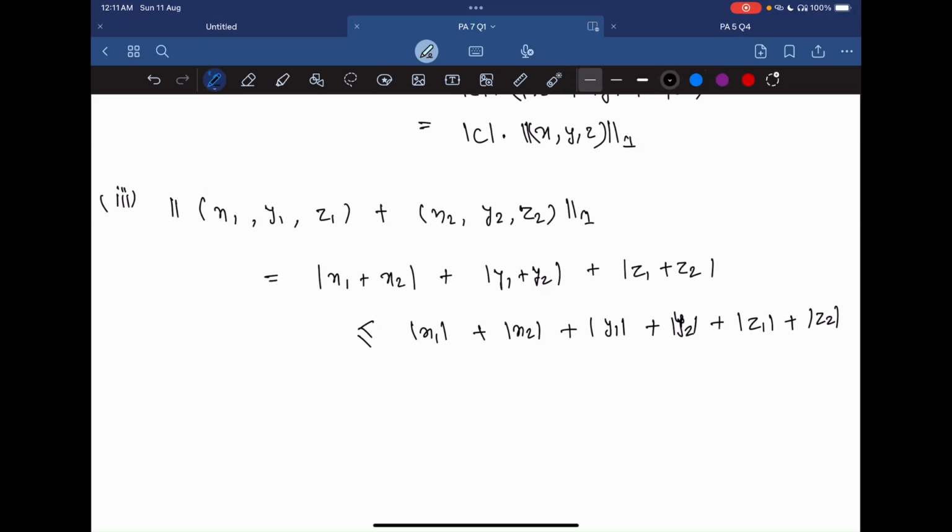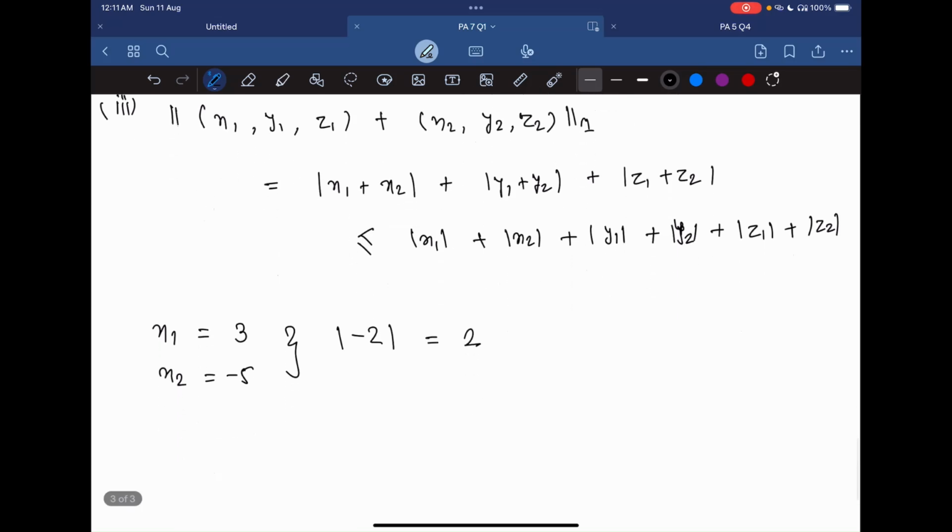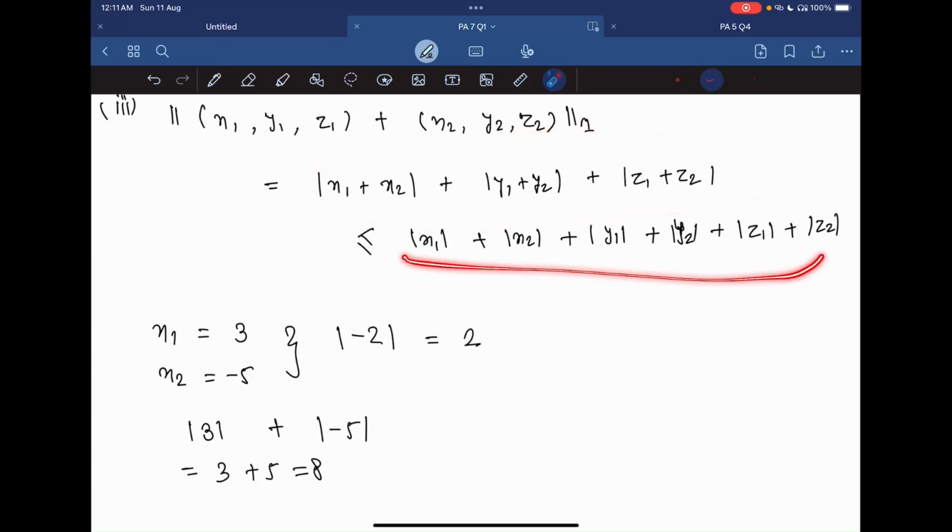For example, if we have x1 value to be 3 and x2 to be minus 5, if we sum these up, we will get minus 2 and then take the absolute value, we will get 2. While if we first take the absolute value, that is mod of 3 and mod of 5, then we will get 3 plus 5, that is 8. So this sum would always be less than or equal to the sum of the individual elements.